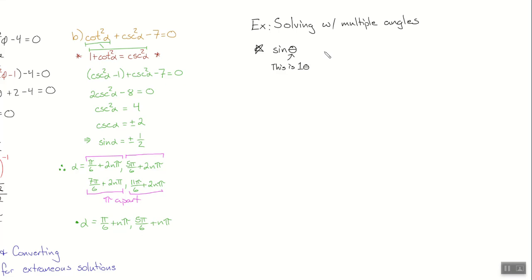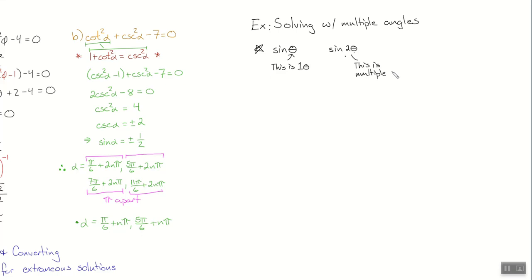Now, if I contrast this with something that looks like sine of 2 theta, I still see that theta is my angle, my argument of my sine function, whether it's theta or x, it doesn't matter. But what I see is that this is not 1 theta, but it's 2 theta in this situation. I'm going to change that arrow. Instead of saying this is 2 theta, I'm going to say this is multiple theta.